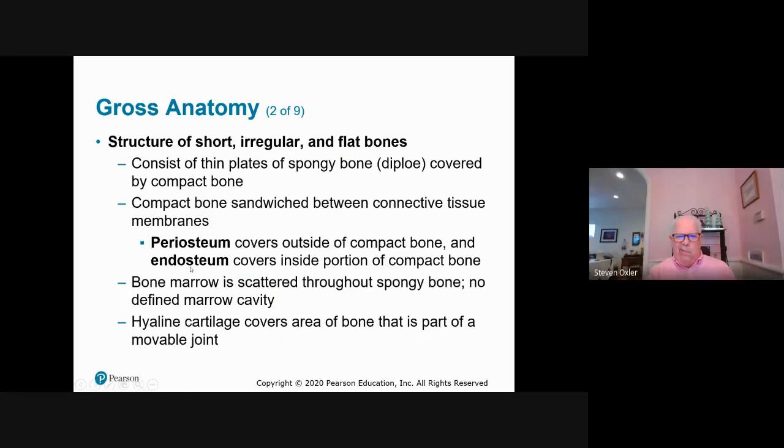So these two words are very important. Also on the outside of compact bone is hyaline cartilage, and hyaline cartilage covers every single joint. This is where hyaline cartilage is important. If the joint is movable, hyaline cartilage will be there.